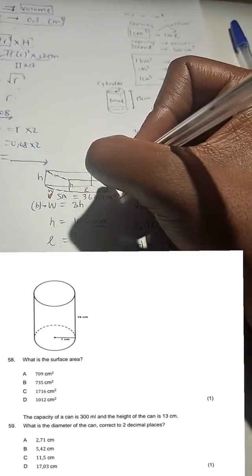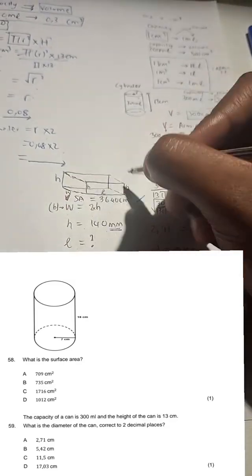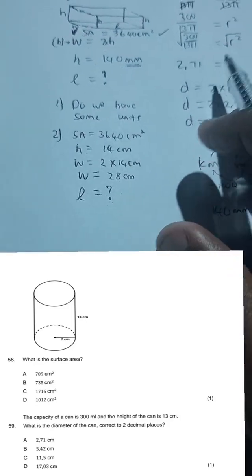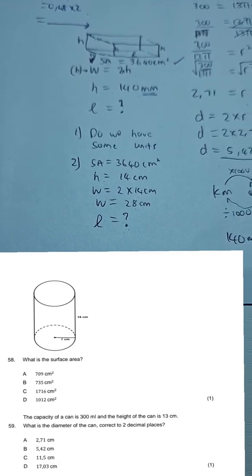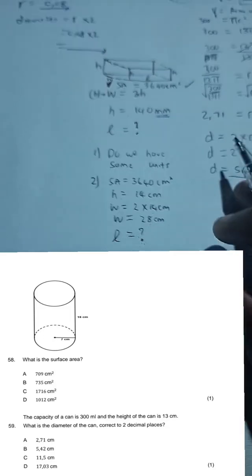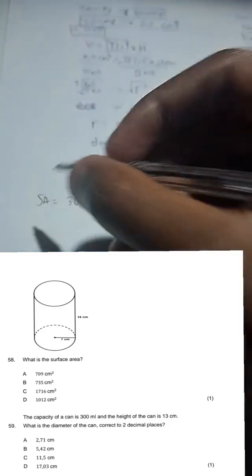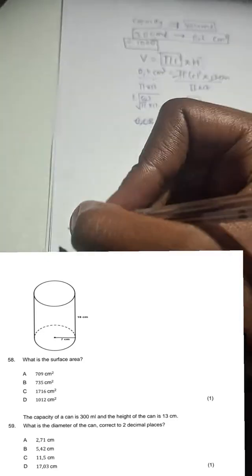Height, height, length, length, width, width. How many faces of the rectangular prism do we have? We have 6 faces. So when we write surface area is equal to 3,640 centimeters squared, at least now we'll be dealing with the same units.